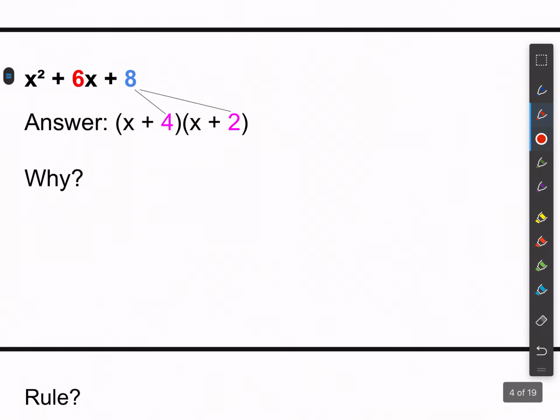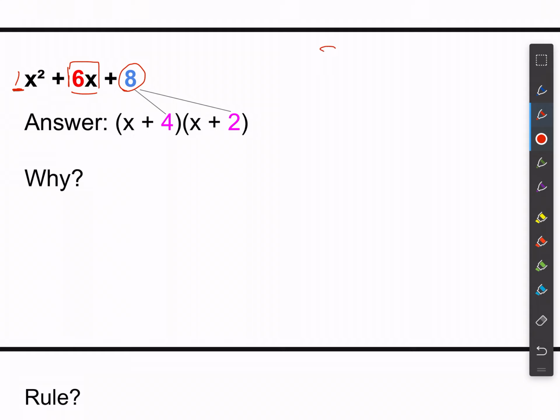So here, let's do the exact same thing. Okay, so when I have one of these quadratics, and I should point out here that I'm only using this strategy when the leading coefficient here is 1. Okay, but what I'm doing is I'm looking at the last term. All right, and I'm asking myself, what two things multiply to give me 8, but add to give me the middle guy, 6?